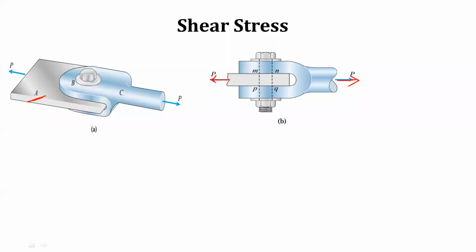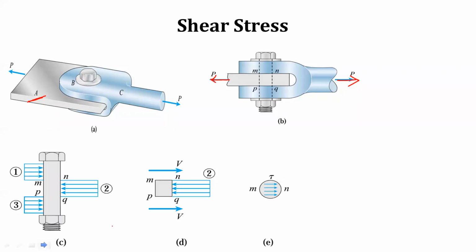The load will act on the bolt as well as on the bar also. I will show you this diagram. If I draw the free body diagram for the bolt, what will happen?